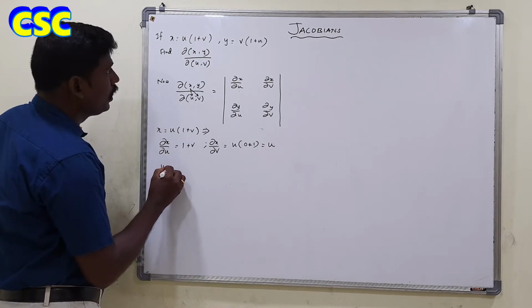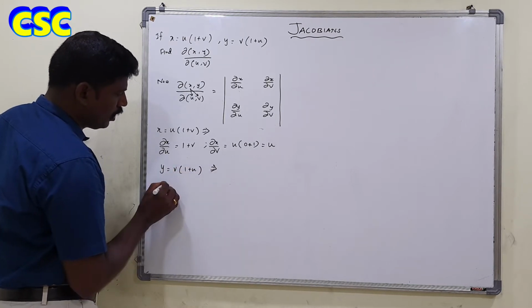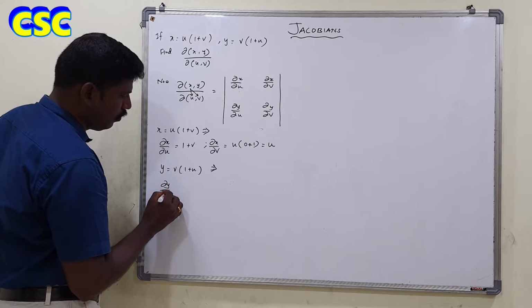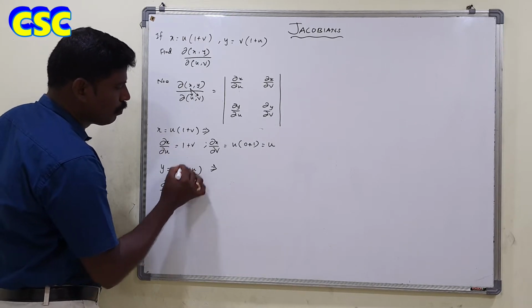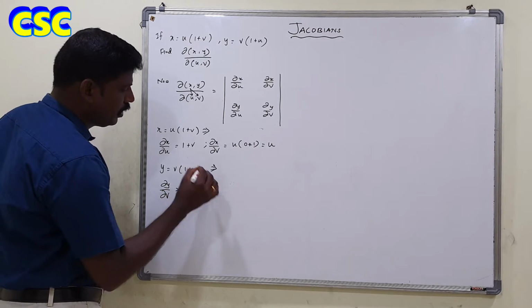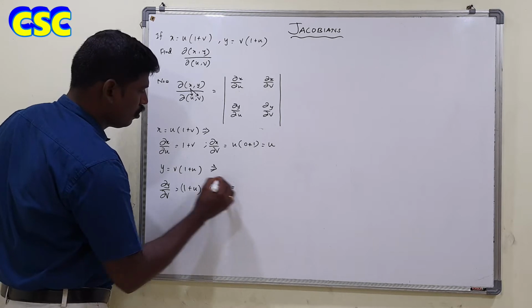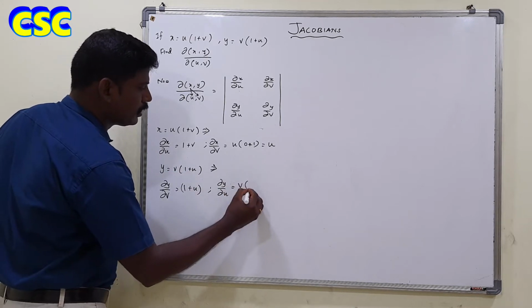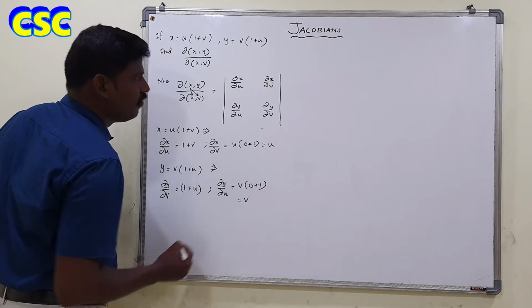Same like that, what is y? v into 1 plus u. This implies, what is dou y by dou v? v becomes 1, so 1 plus u. 1 plus u is a constant, it is a product, so we keep it the same. So dou y by dou u is equal to what? v is a constant, we keep it the same, it is a product, 1 becomes 0 plus u becomes 1. That is the value v.